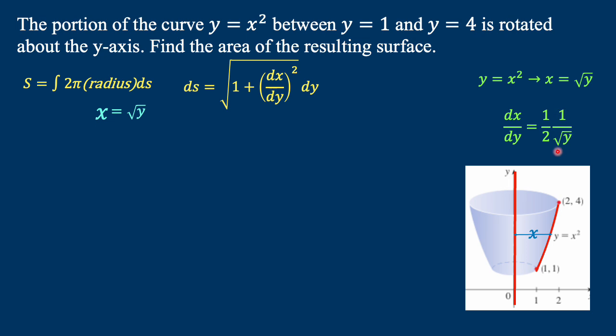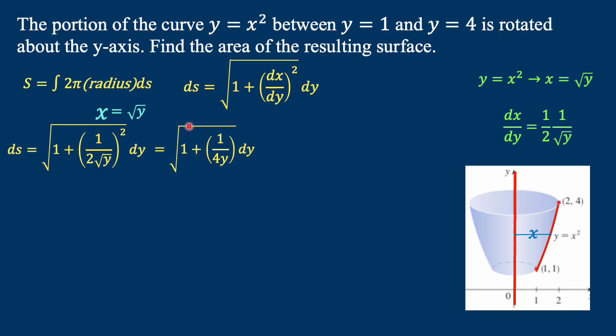Let's plug this derivative in. So ds is the square root of 1 plus (1 over 2 square root of y) squared. Let's square this part, 1 over 4y. So the square root of 1 plus 1 over 4y dy.